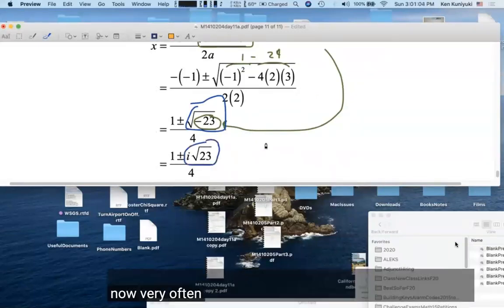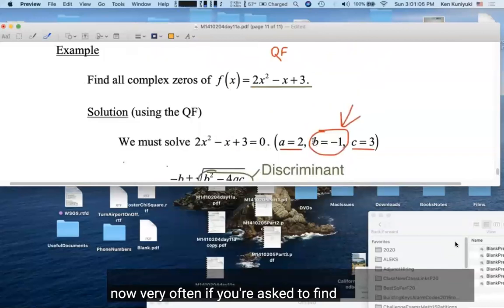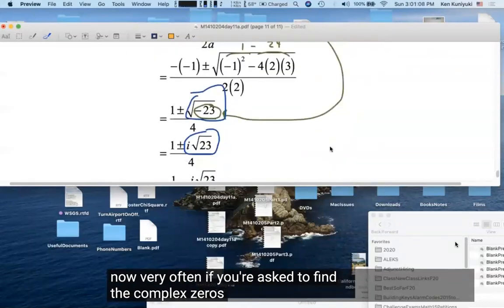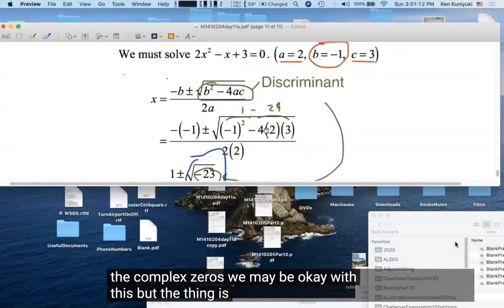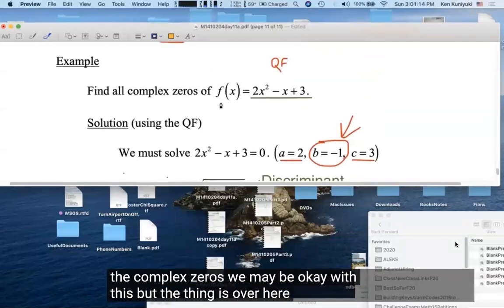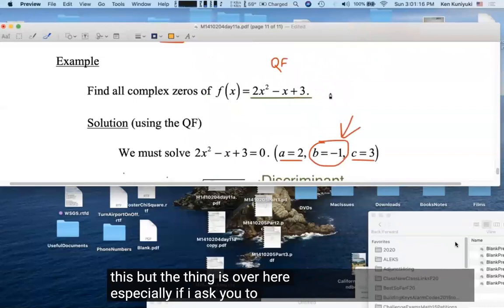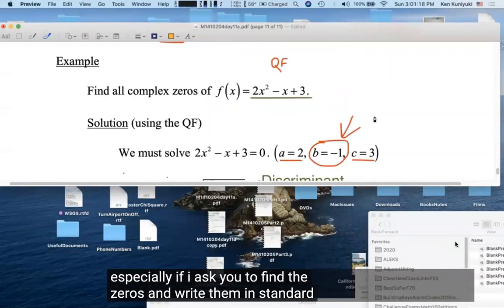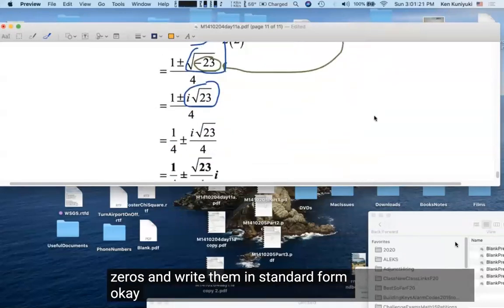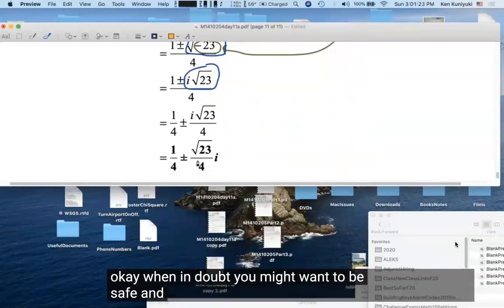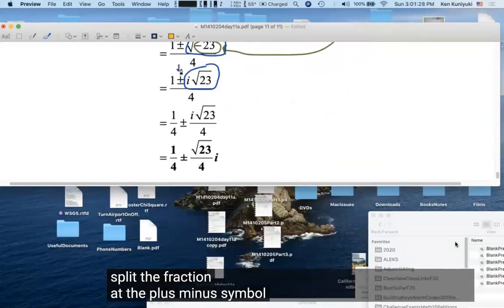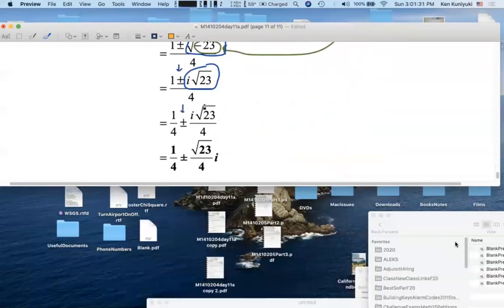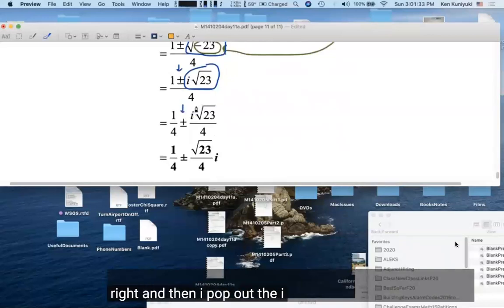Now, very often, if you're asked to find the complex zeros, we may be okay with this, but especially if I ask you to find the zeros and write them in standard form, okay? When in doubt, you might want to be safe and write the zeros in standard form. So here I split the fraction at the plus minus symbol. Then I pop out the i over to the right.